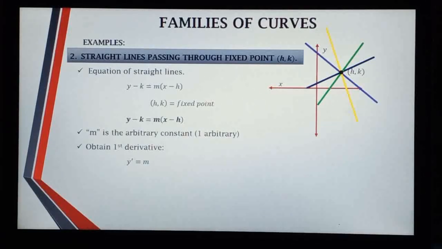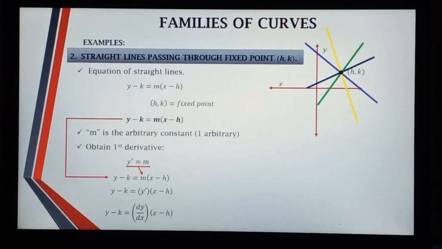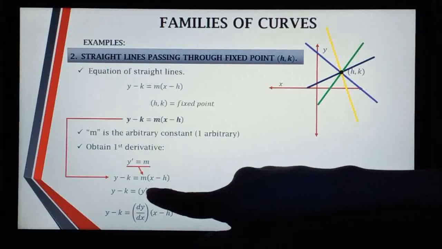So, in that case, you have to copy again the original equation para magamit mo yung equation ng first derivative. So, substitute natin dun sa m. We will now have an equation of y minus k equals y prime multiplied to x minus h, wherein y prime is equal to dy over dx. So, papalitan natin si y prime ng dy over dx.